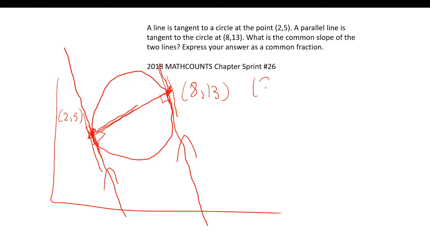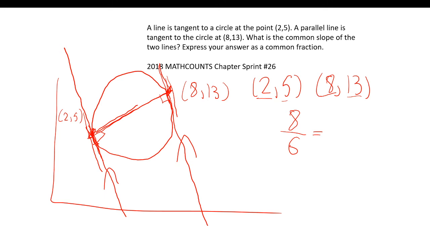Let's start off just by finding the slope. 8, 13, and y2 minus y1, 13 minus 5 gives us an 8. So I immediately have 13 minus 5 giving us an 8. And I have 8 minus 2 gives me a 6. And we can simplify this.